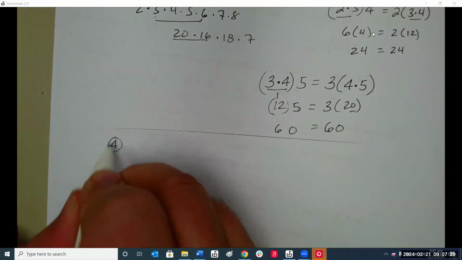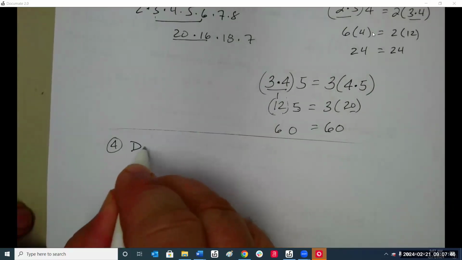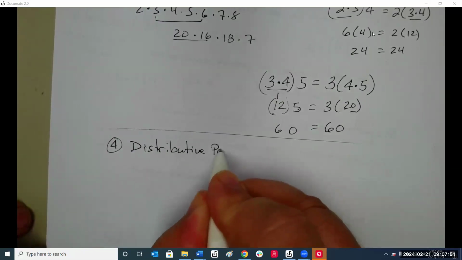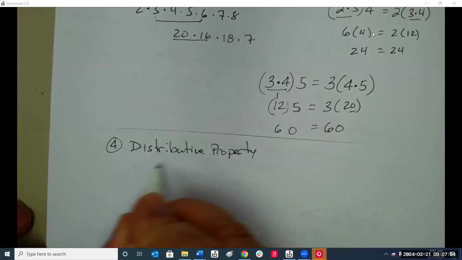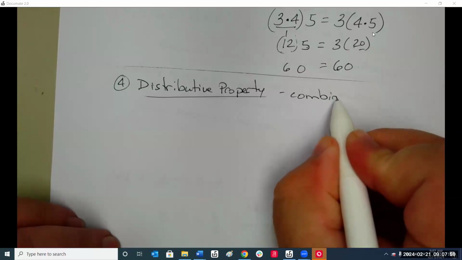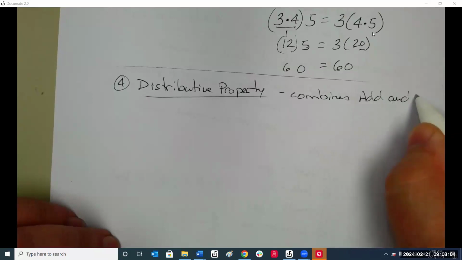Up until now, the associative and commutative properties always separated addition and subtraction. They all have to be addition or they all have to be multiplication. You can't combine the two. The distributive property does just that. This one combines addition and multiplication.